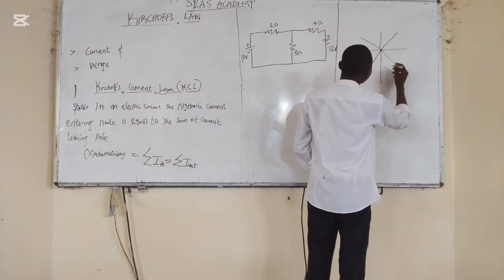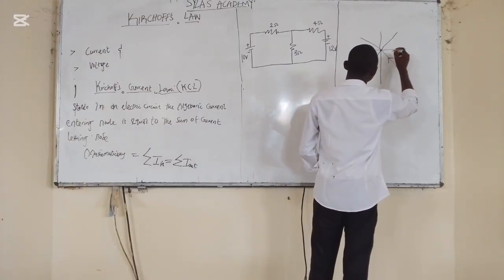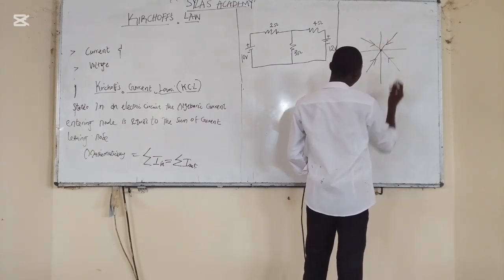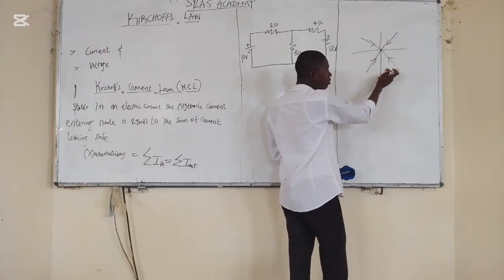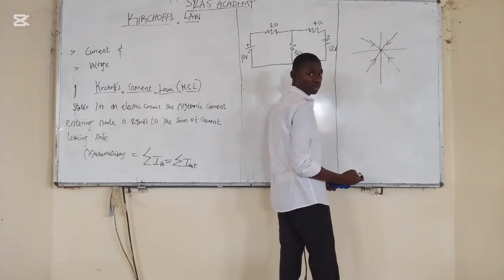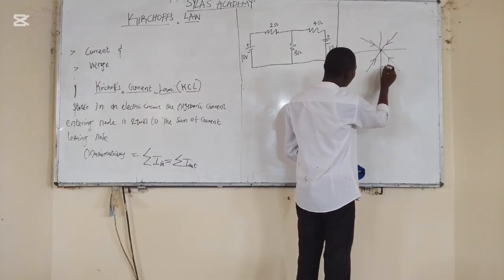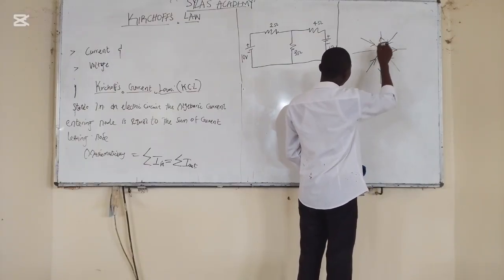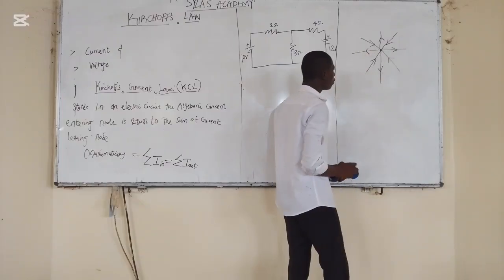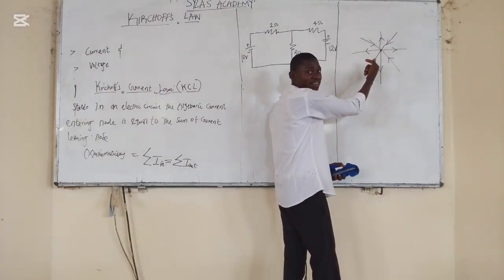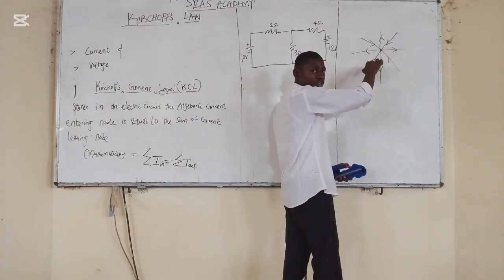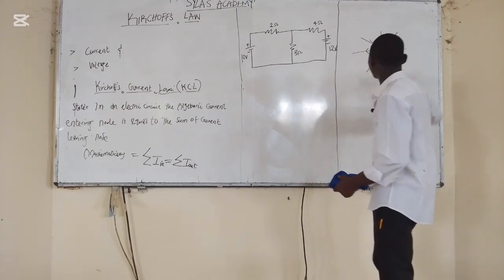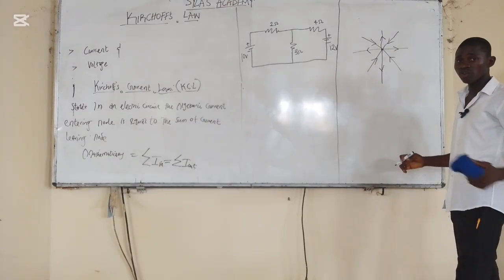Let's say each of these is 1, 2, 3, 4; there are 4 entries. Are you following now? Having your arrows pointing outside, there are 1, 2, 3, and 4. You see that the ones entering inside are 4, and the ones going outside are 4. So therefore, the sum of current entering this node is equal to the sum of current leaving the node.